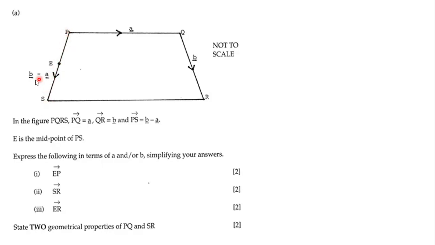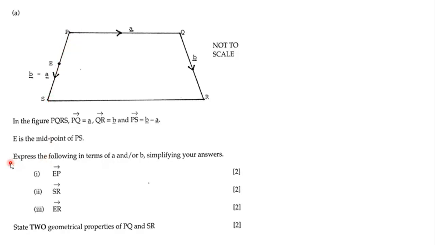So the vector PS is B minus A. And this point E, they're saying E is the midpoint of PS. So that means that PE is half of PS and ES is half of PS.